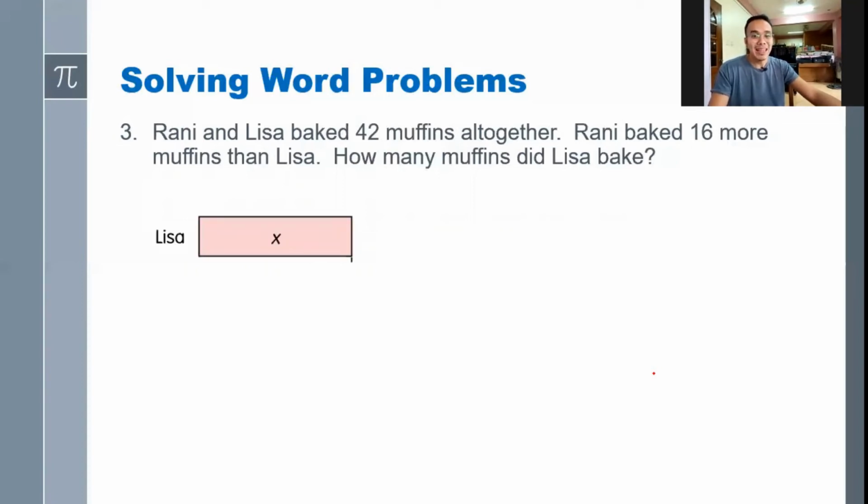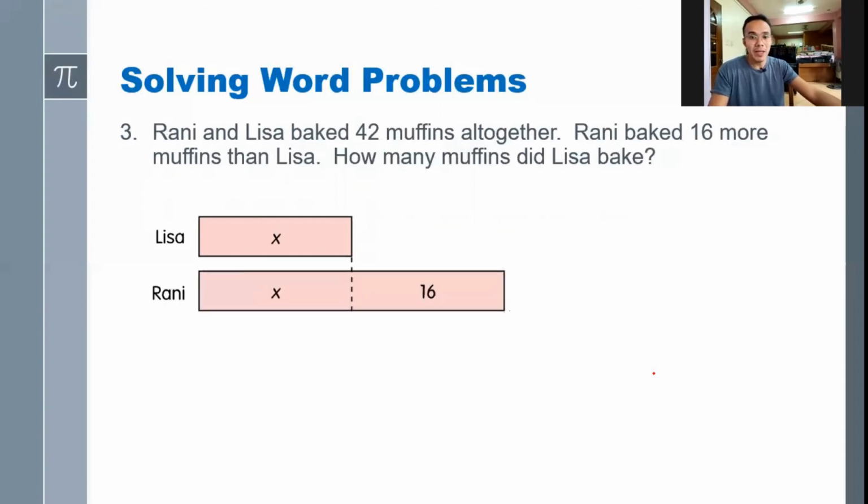So if we let X be the number of muffins baked by Lisa, then the number of muffins baked by Rani is going to be X and 16 more. The problem says that Rani and Lisa baked 42 muffins altogether. So altogether, we have a total of 42 muffins.